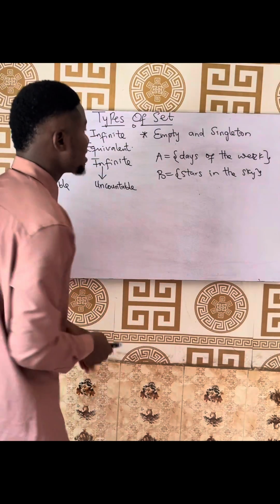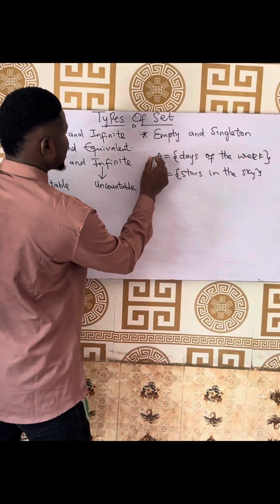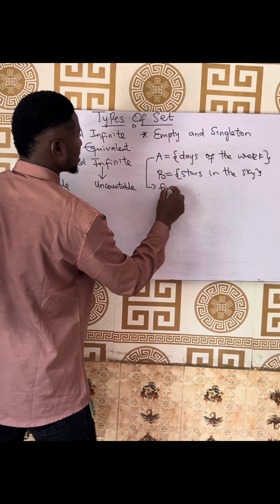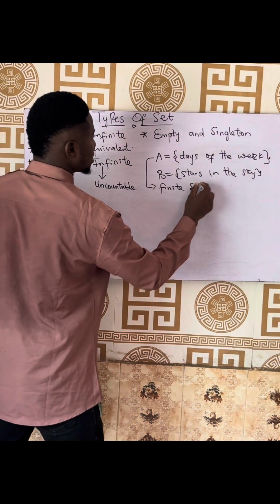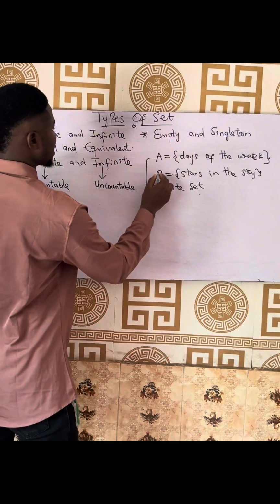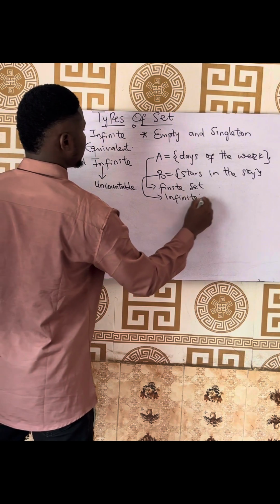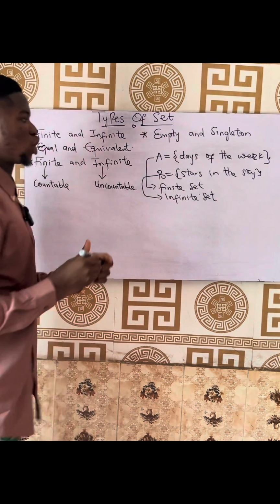So that simply means that the members of set A are countable because we only have 7 days in a week. So this simply means that set A is a finite set. But the stars in the sky are uncountable. So we are going to say that set B is an infinite set. So that is the definition of finite set and infinite set.